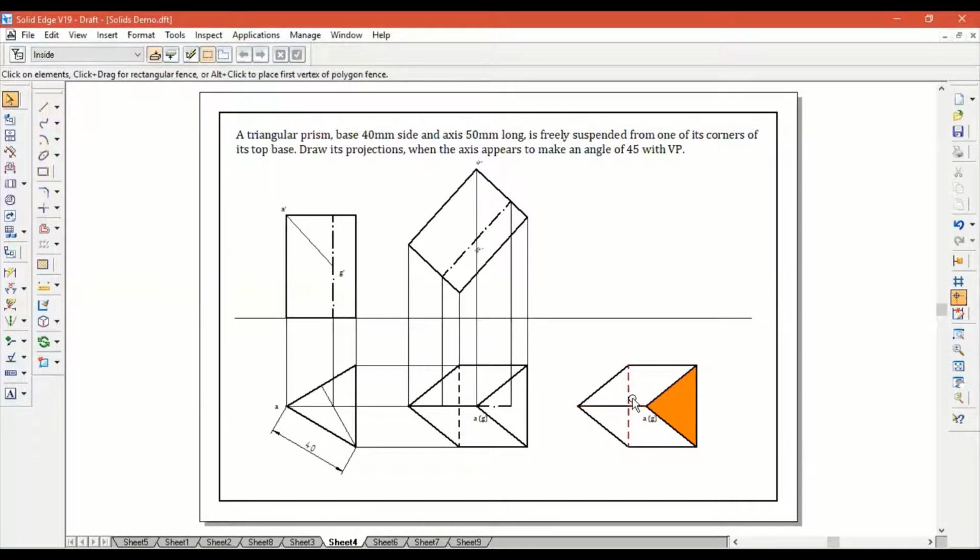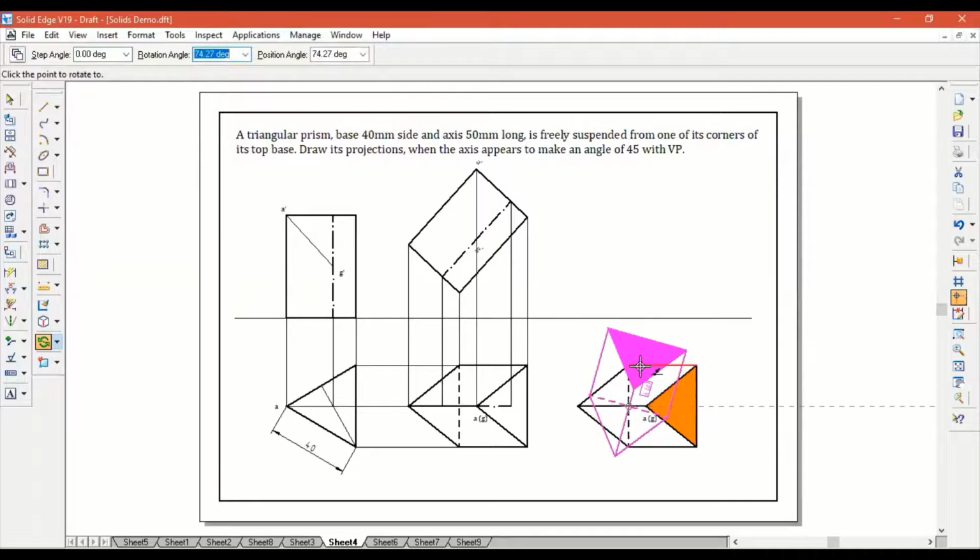So if that invisible edge is the edge on which the object is resting, that is going to be your reference for whether the base is closer to the observer or away from the observer. Let's say the question says the edge on which the object is resting is closer to the observer. Basically, closer to the observer means that it has to be rotated like so. Okay, if the question says the base is away from the observer, you rotate it like that.